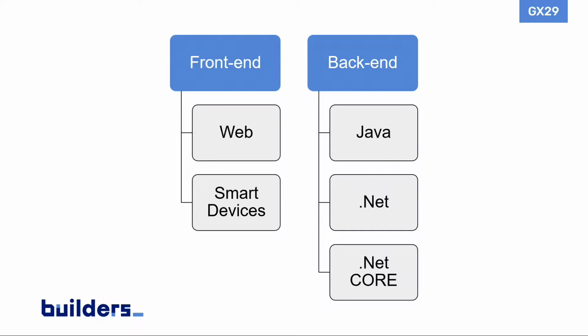What we have in GeneXus right now is the following. When you use a generator for the web, you use Java or .NET or .NET Core, and this includes a web generator. There's no specific web generator at the moment, so you install a full stack generator for the front end and the back end.